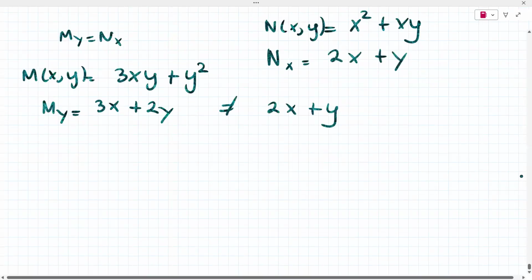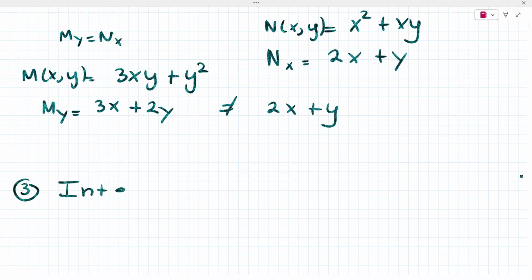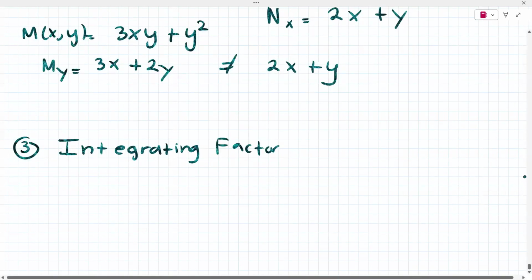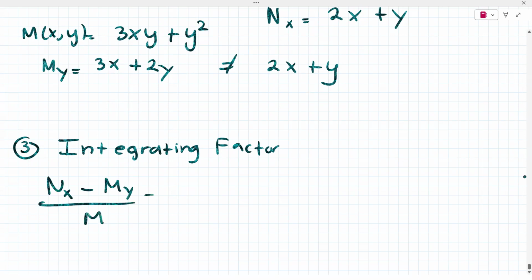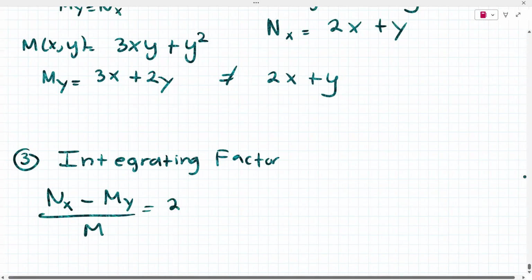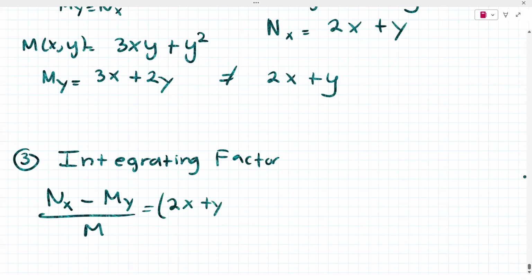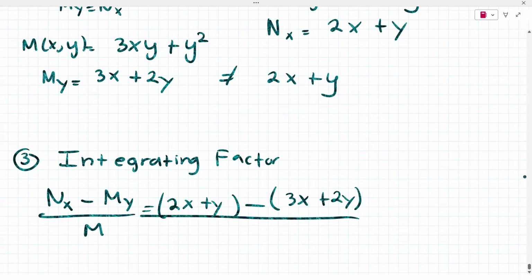So step 3, integrating factor. Basically, what you do is you do N of x minus M of y all over M. So my N of x is 2x plus y minus my M of y, which is 3x plus 2y, all over M, which is 3xy plus y squared.